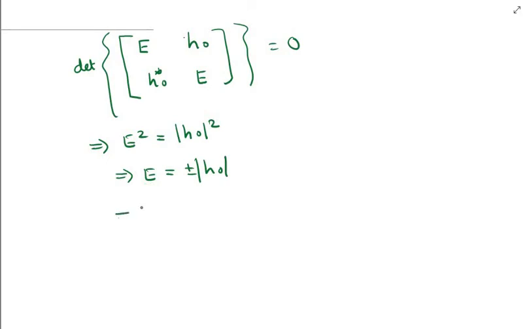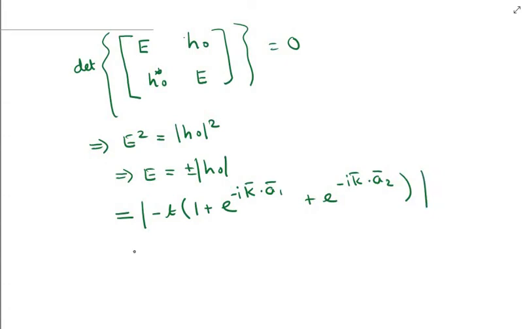And mod of H0 is the mod of minus t times 1 plus e to the power minus I k dot a1 plus e to the power minus I k dot a2.